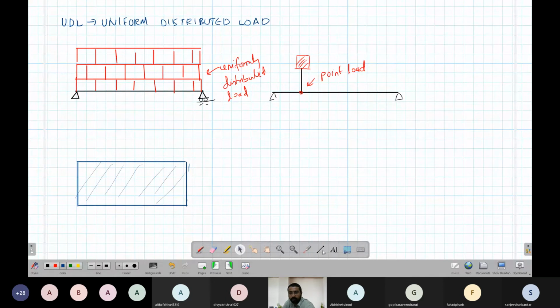Okay, and we are keeping this on a beam. So this is water. If the water weight is full, this is also uniformly distributed.